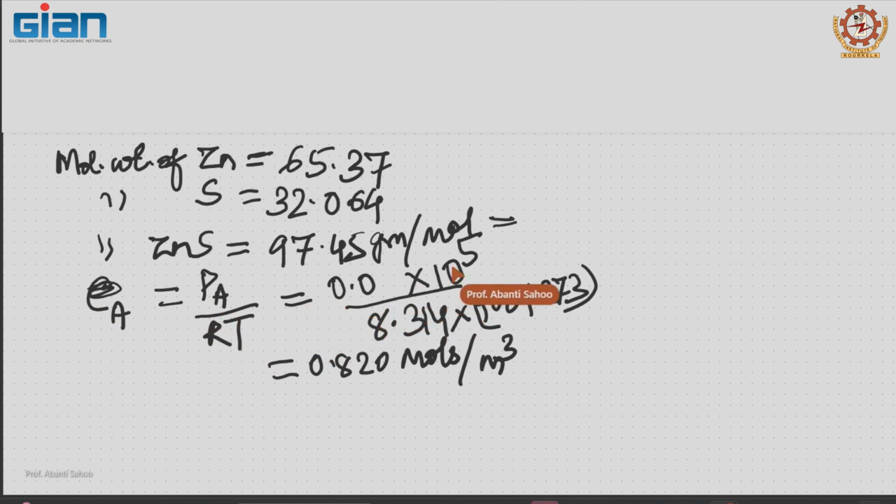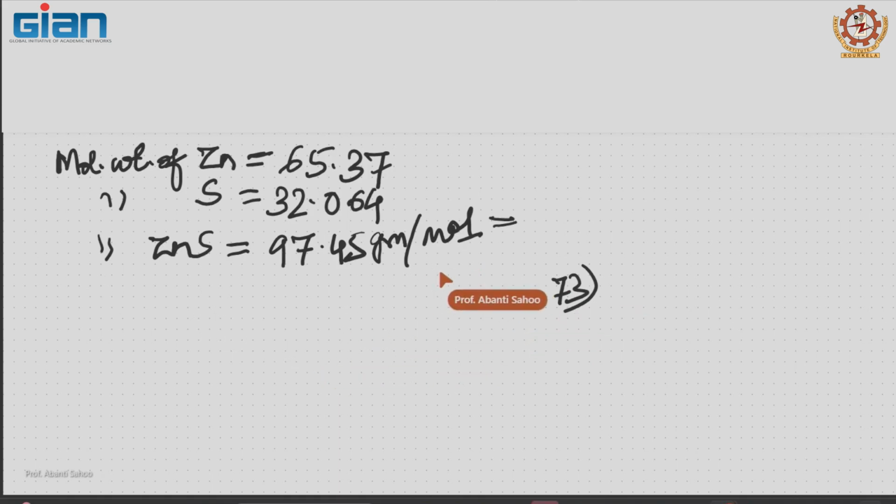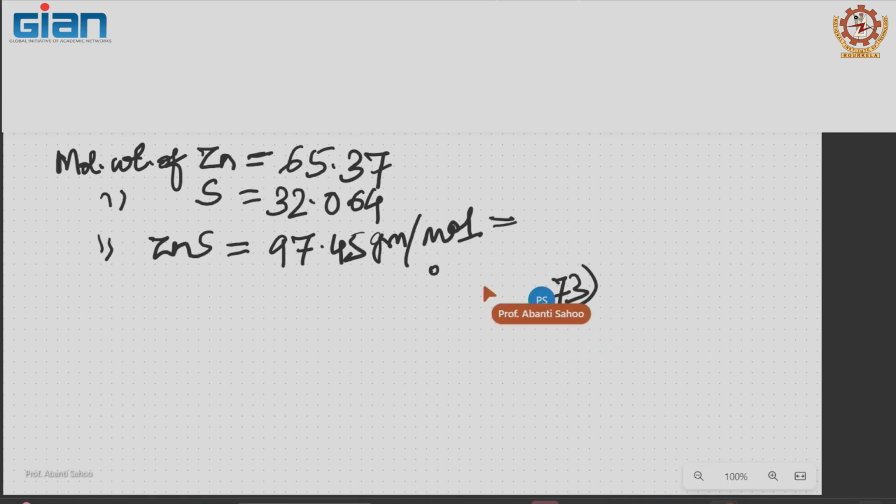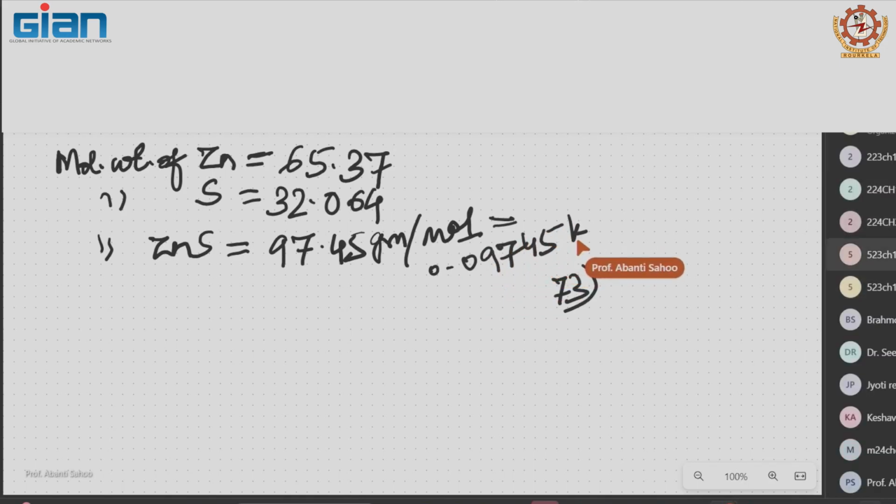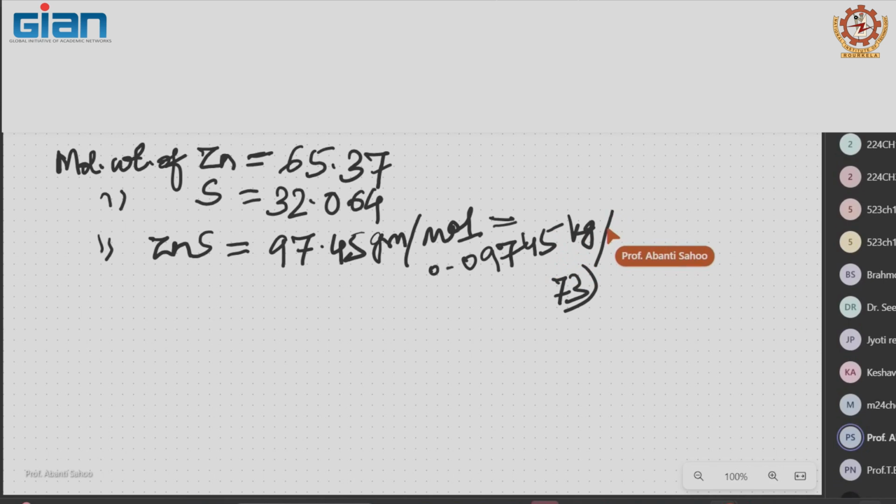So, in kg per mole, it is 0.09745 kg per mole.